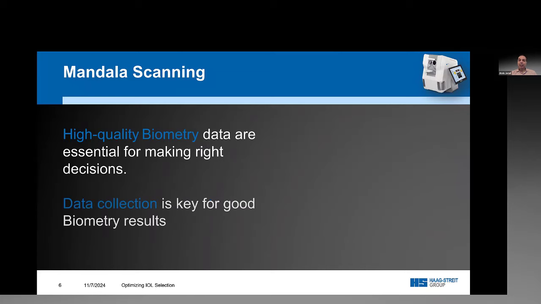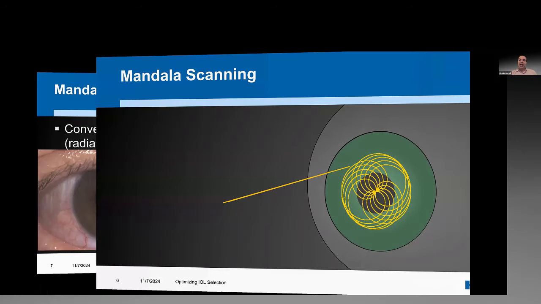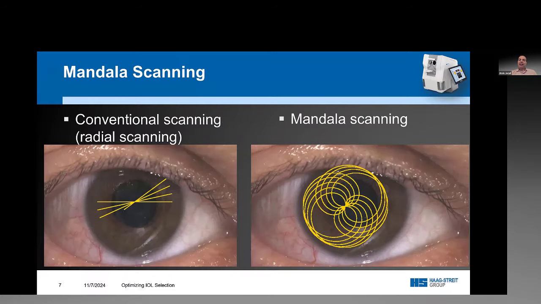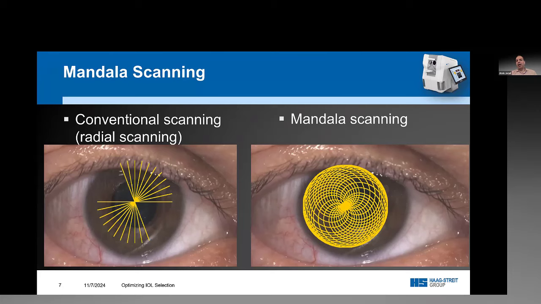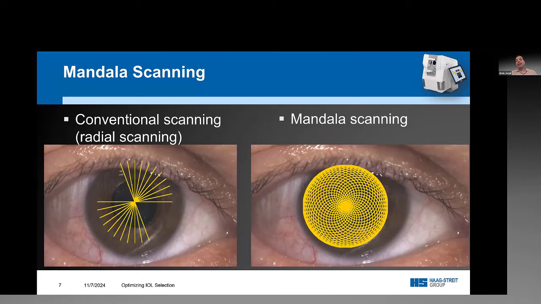We at Haag-Streit believe that everything starts from data collection. Eyestar uses the Mandela scanning pattern, and this pattern is not like most other devices that use conventional radial scanning.